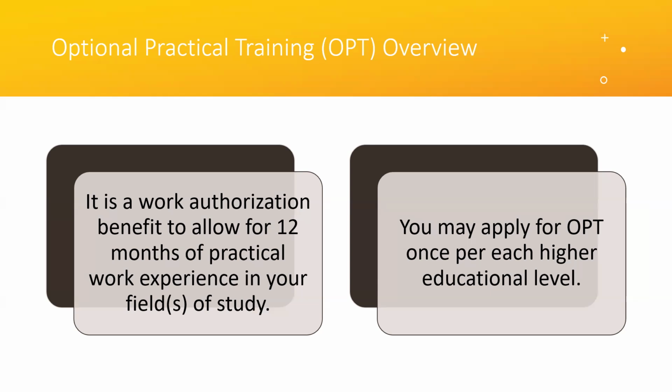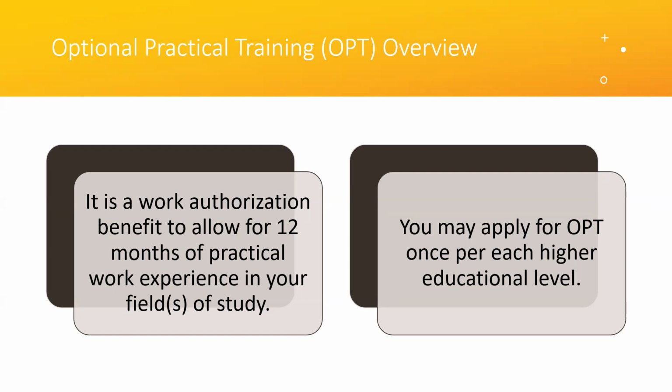So, for instance, if you did a master's degree in the US and you used OPT after your master's degree, and now you are completing your PhD, you are allowed to apply for OPT again because you're completing a higher educational level.